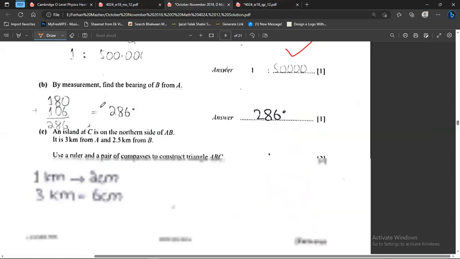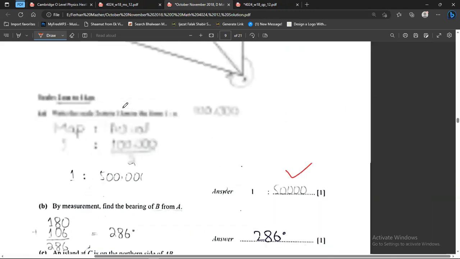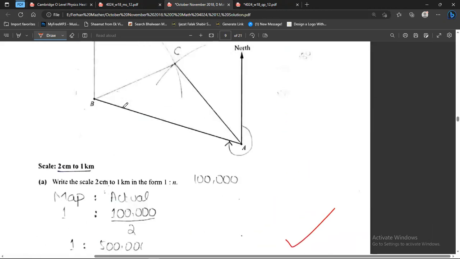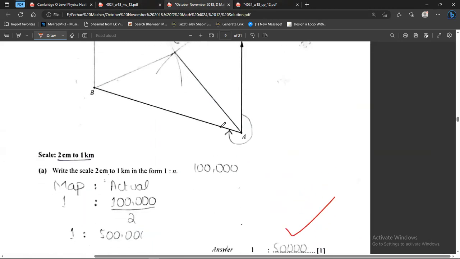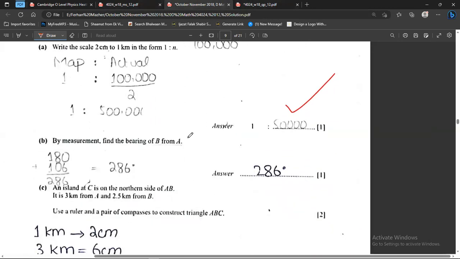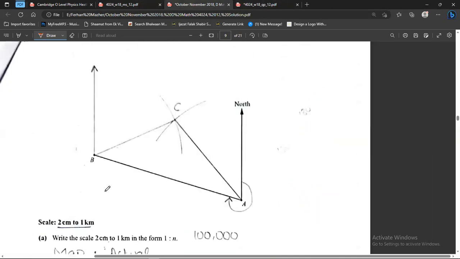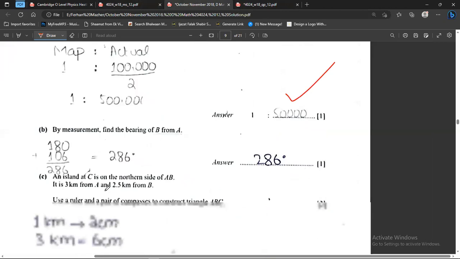Let me show you. In finding the bearing of B from A, we have measured this angle. Here we have used a different technique: they have done 180 plus 106.